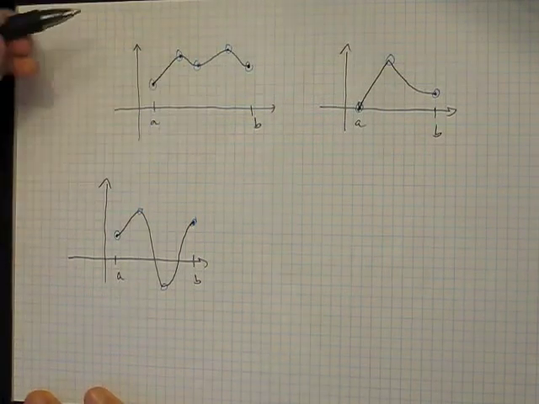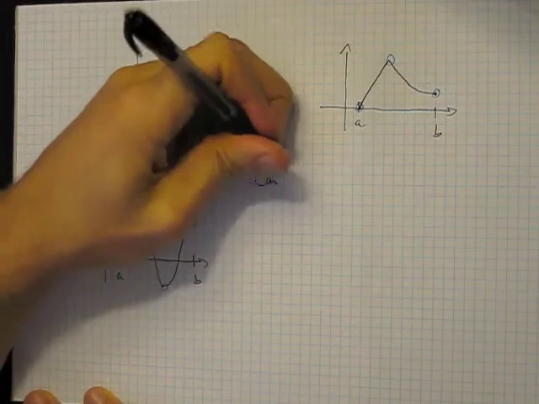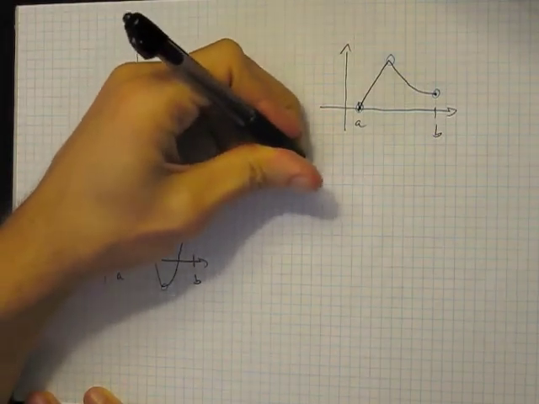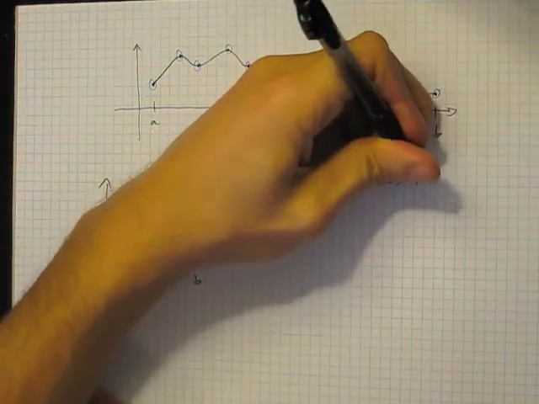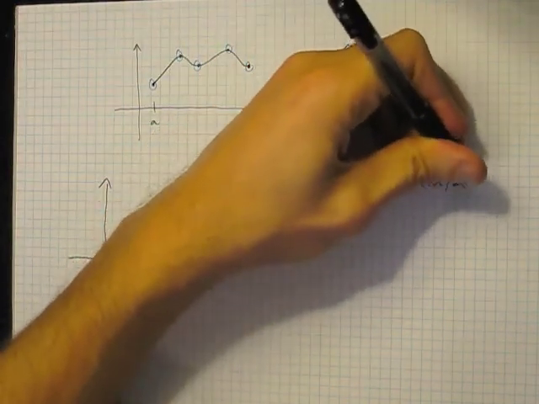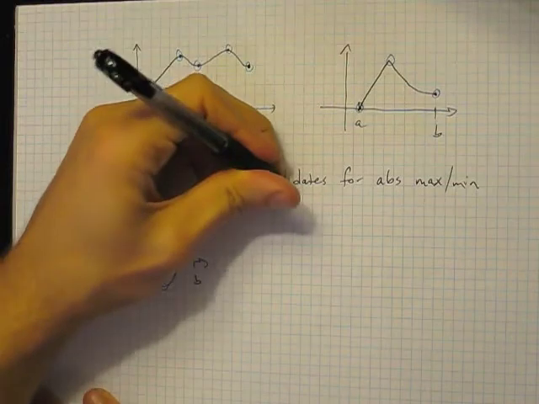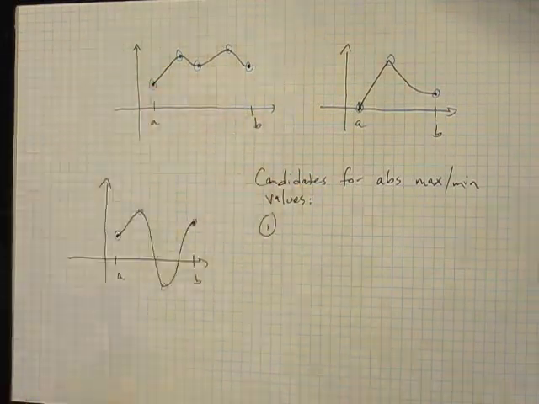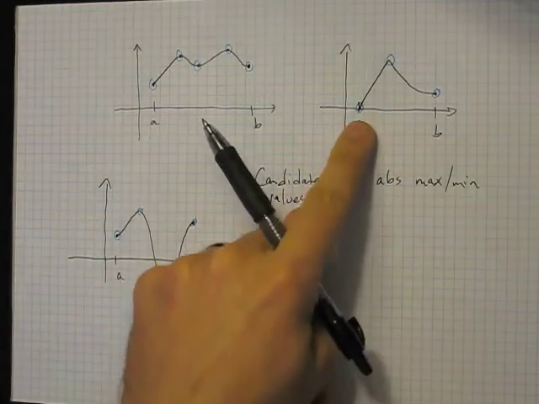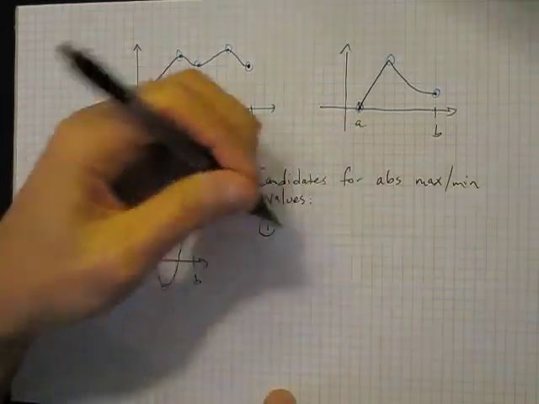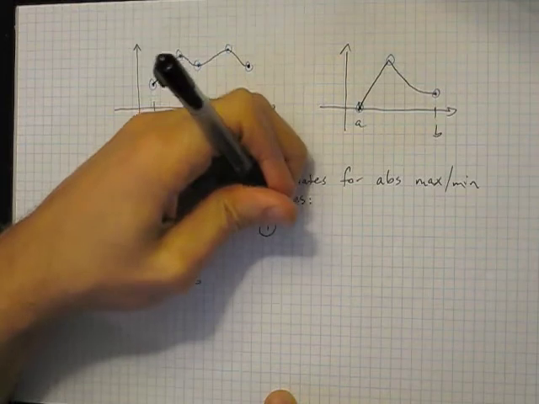They're the candidates for absolute max and min values. One, they're either the endpoints of the interval. Here, this endpoint right here looks like the lowest point on the graph.